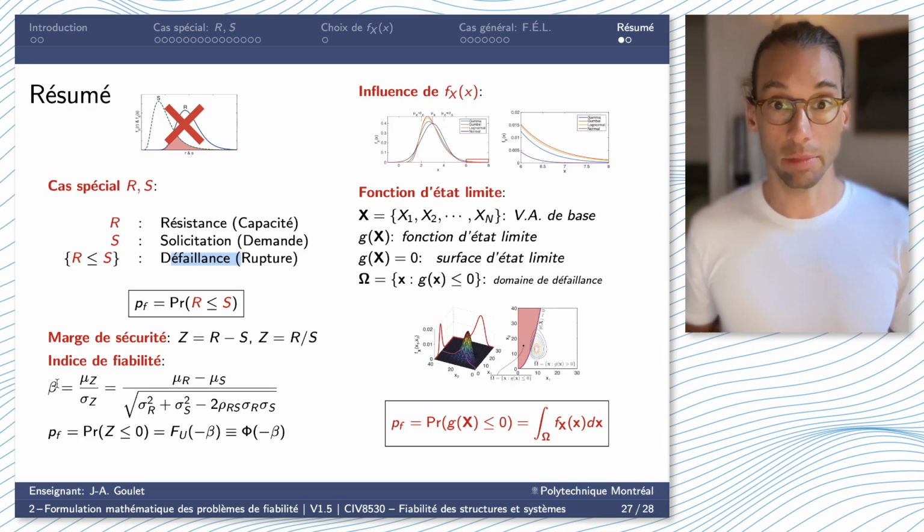At the end, my reliability index beta represents mu_Z divided by sigma_Z, where mu_Z is the numerator and sigma_Z is the denominator. We saw that we can compute PF directly from beta by evaluating the standard normal CDF at minus beta. So we can go directly from beta to PF. And what we're going to see in the following module is that if we have access to beta, we can easily compute PF by using the standard normal CDF, which is easily accessible.